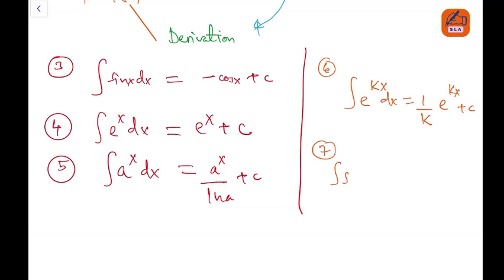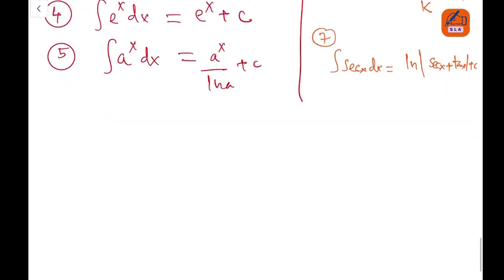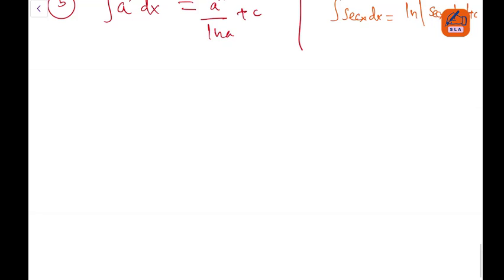Like when you integrate sec of x dx, you get natural log, but inside of it there is sec of x plus tan of x plus c. These are some very weird ones, but we'll see them when we reach trig integration. So these are some common integrations which we will deal with.